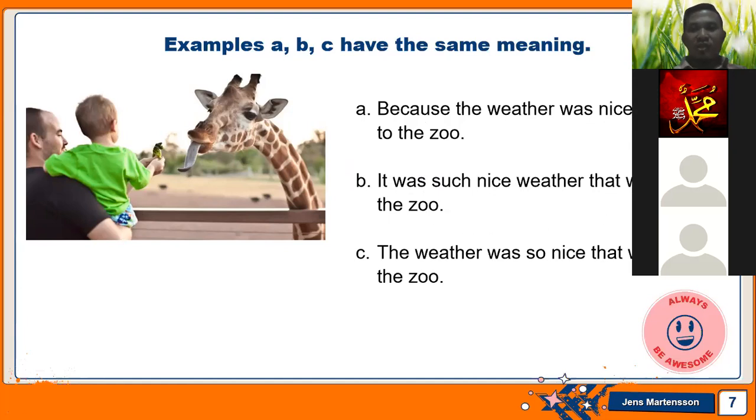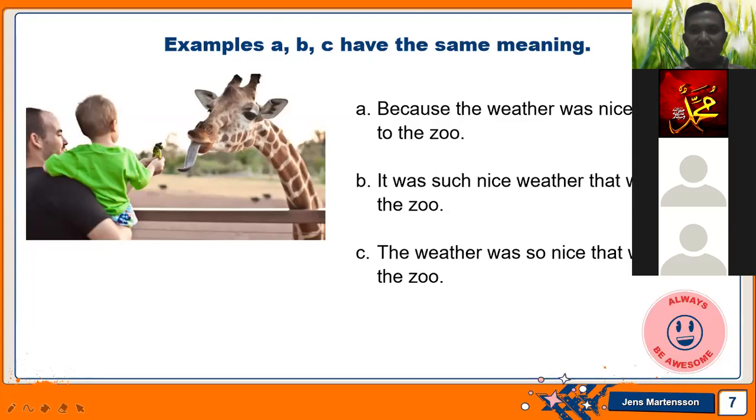Now we are joining the two sentences together. We put that here in the middle of the two sentences. It was such a nice weather that we went to the zoo. What kind of conjunction do we use here?